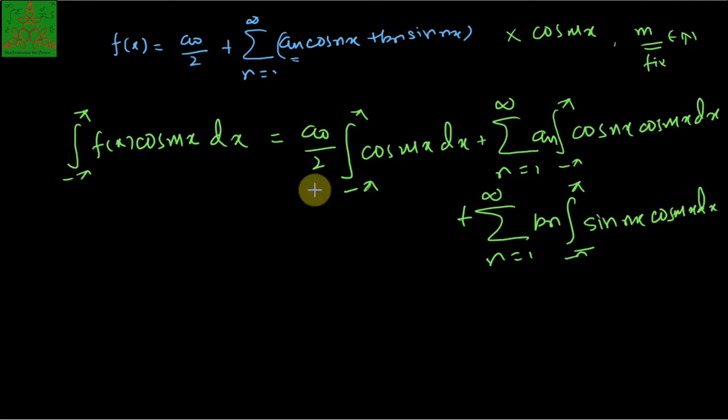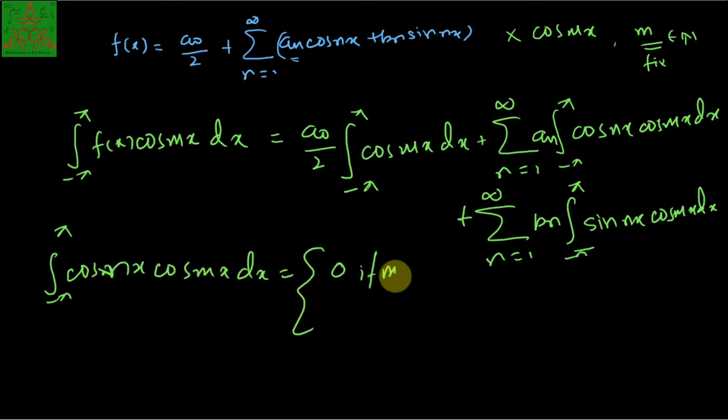Now just observe this quantity, the integral from minus pi to pi of cos nx cos mx dx. This is 0 if m is not equal to n, and this is equal to pi if m equals n.